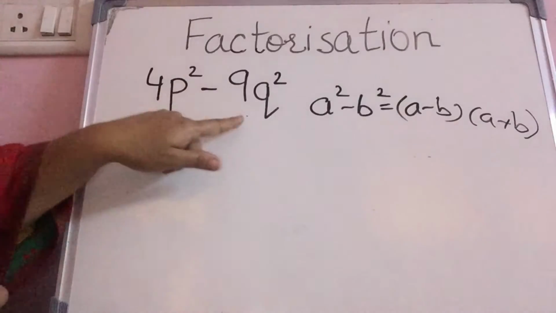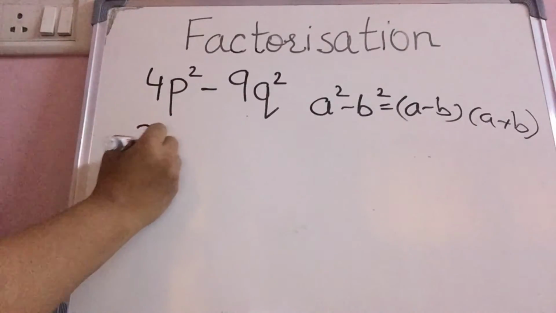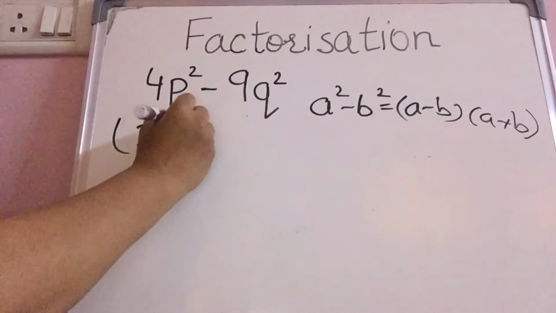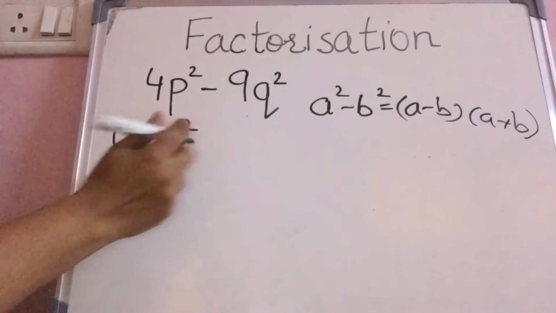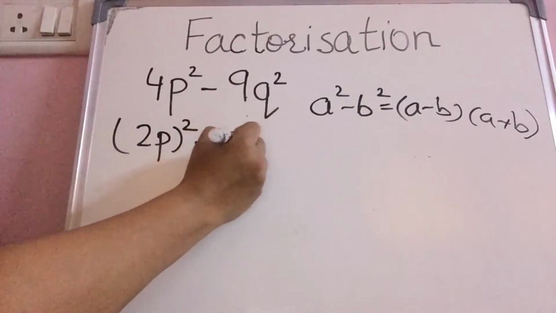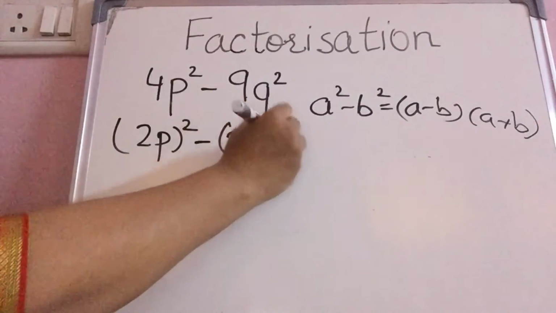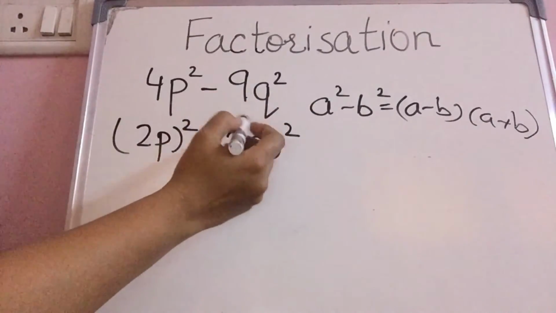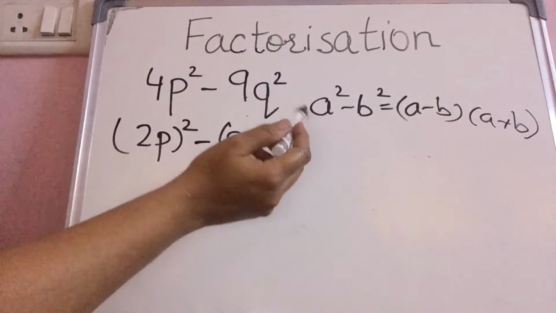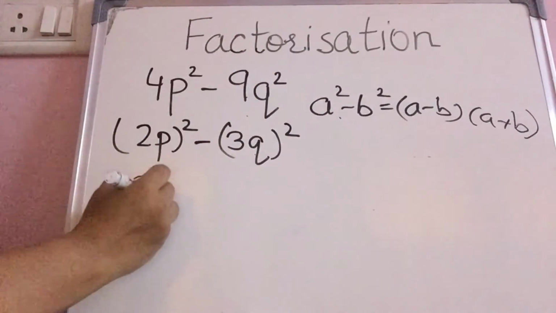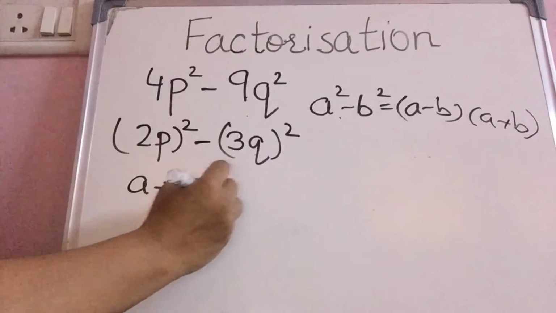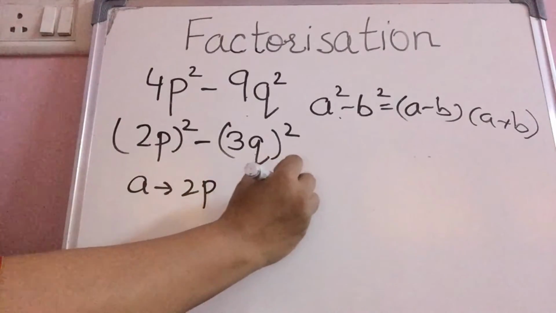We'll first write it in this way, (2p) whole square. 4p square can be written as (2p) whole square minus, this we can write (3q) whole square. Now if we compare this with the left hand side of the identity, we get a as 2p and b as 3q.